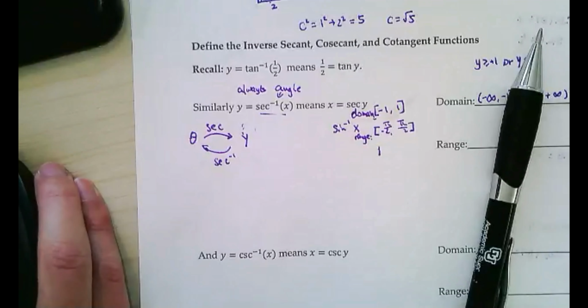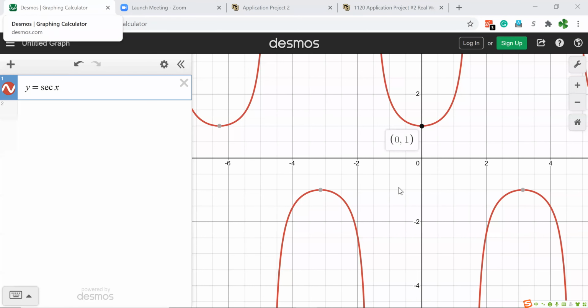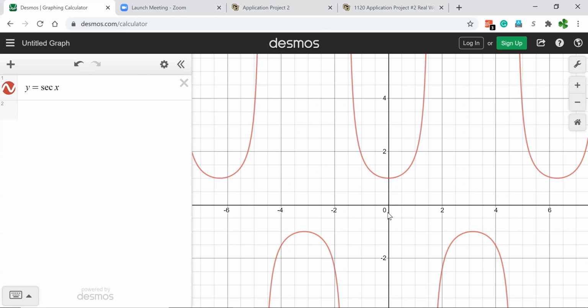Yes, let me show you the graph again. We restricted the inverse function so that it is 1 to 1. Think about where we should restrict it, and think about what I write down on the paper.